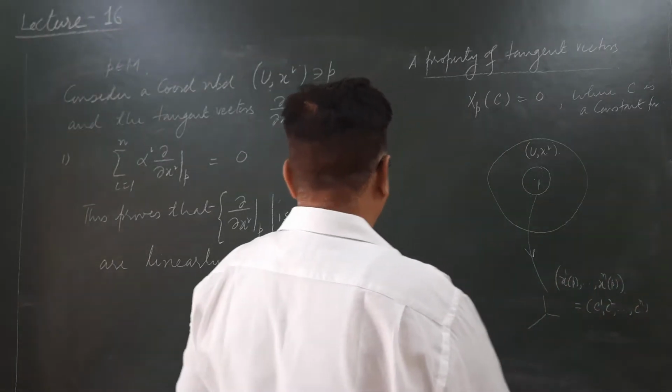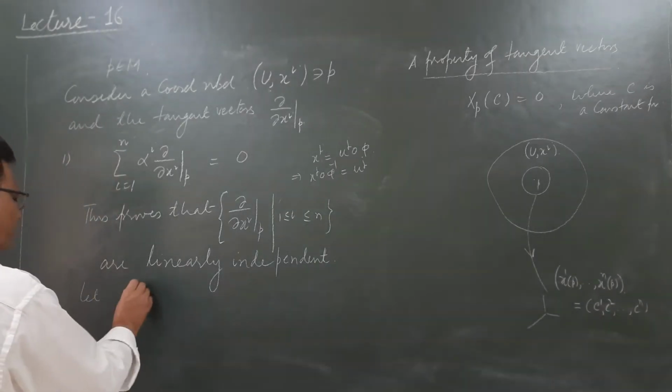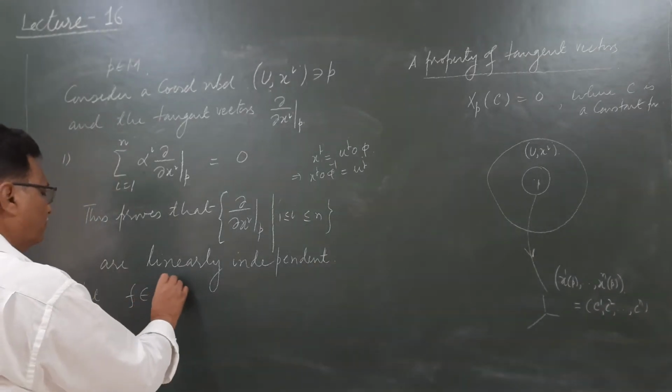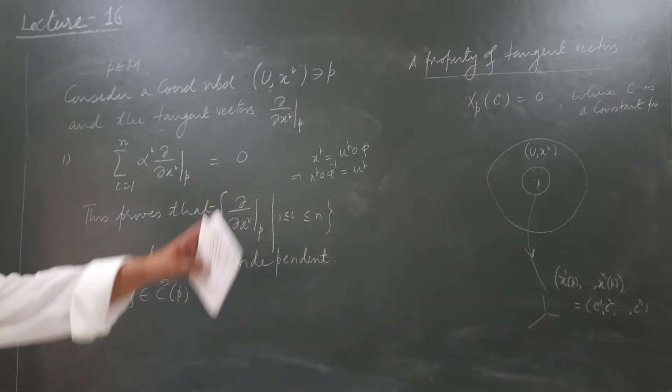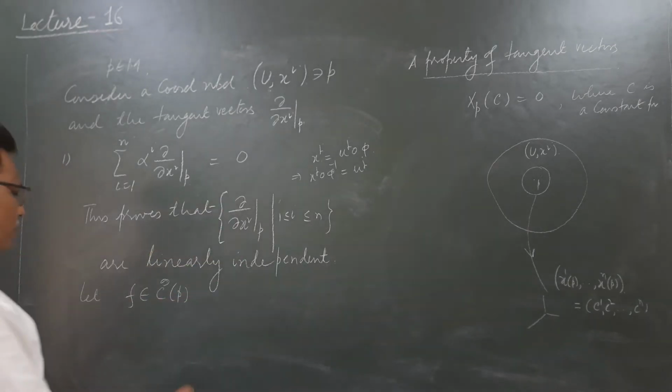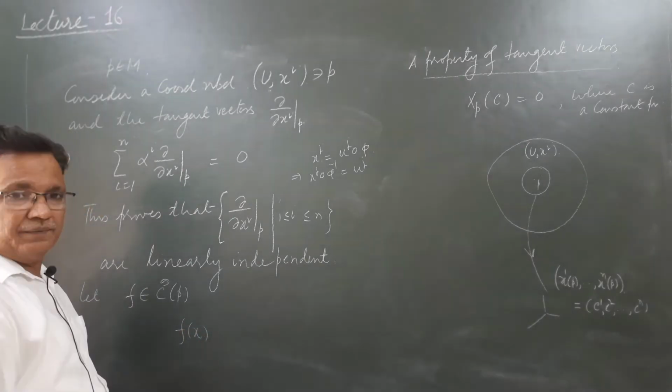So if I want to write down, so let f belong to C infinity(P), means it's a differentiable function defined on the neighborhood of P. So I can write down f of x, arbitrary point I am choosing.